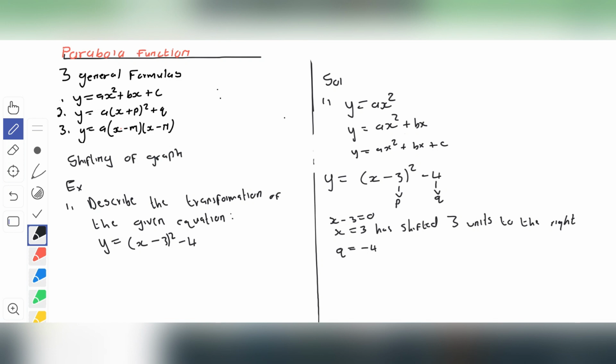But because it's negative, it means it's going down. If it was positive, it was going up. Therefore, Q is equal to minus 4. Therefore, the graph also shifted 4 units downwards.